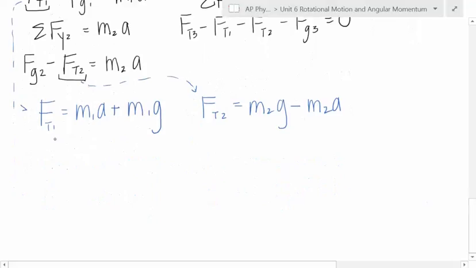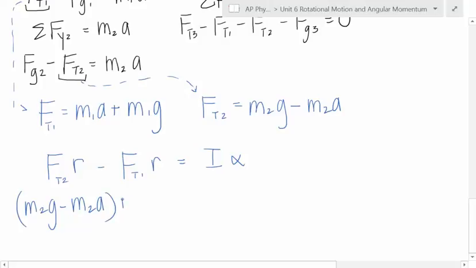All right, so now from our torque equation, I'll write it down again. Ft2 times r minus Ft1 times r was equal to I alpha. All right, so Ft2 is this thing. So we're going to have an m2g minus m2a all times r, minus Ft1 is this thing right here, m1a plus m1g all times r, is equal to I times alpha.